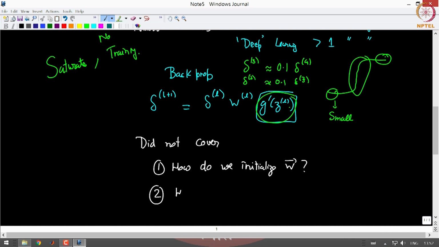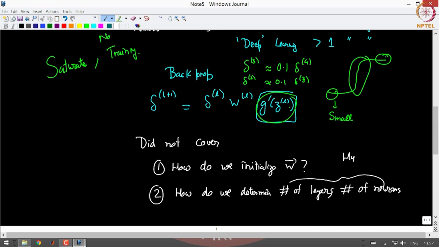Second thing is, how do we determine the number of layers, number of neurons per layer? Okay, I just showed something arbitrary here. Both these are also hyperparameters.